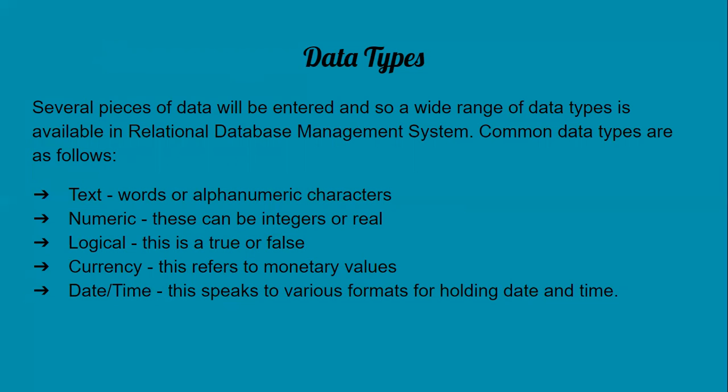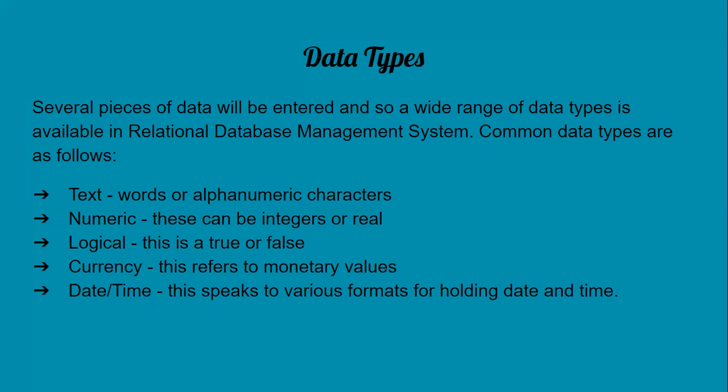For numeric data type, we could have age, as that would be considered an integer. Percentage would be considered as real because it could have a decimal place. Additionally, it could also be a whole number, and so it would carry a numeric data type. For the logical data type, we could look at the question, are you a student? Which would require a yes or no response.